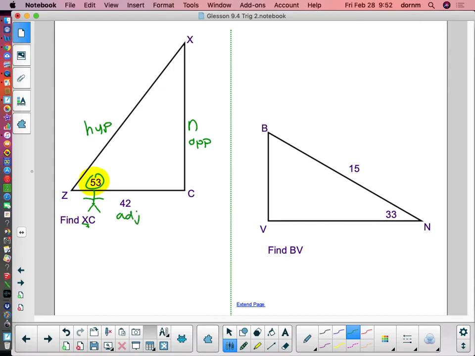Okay, so across the top of my page, I'm still going to have written SOHCAHTOA. All right? So which sides are involved in this problem? Now I have the opposite involved and the adjacent involved. Which of my functions uses opposite and adjacent?